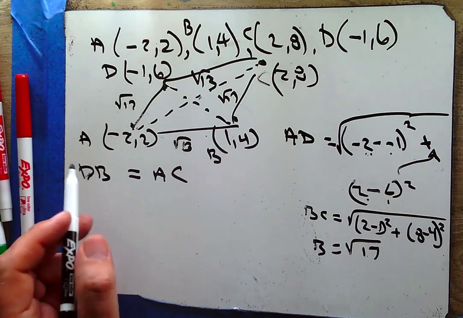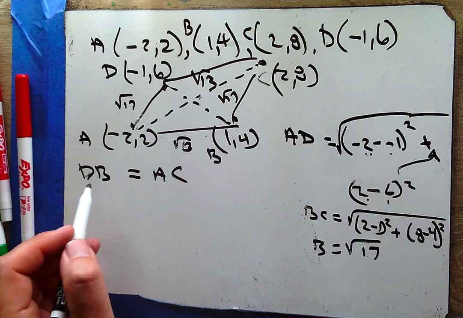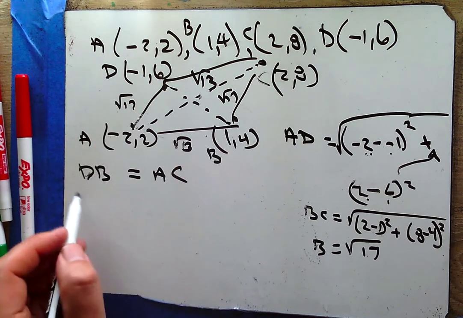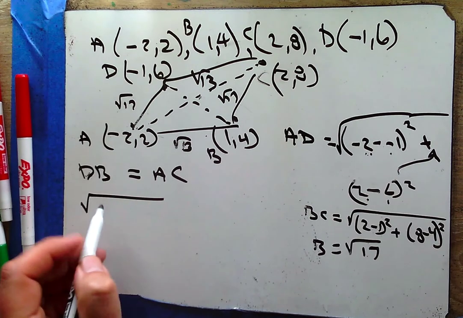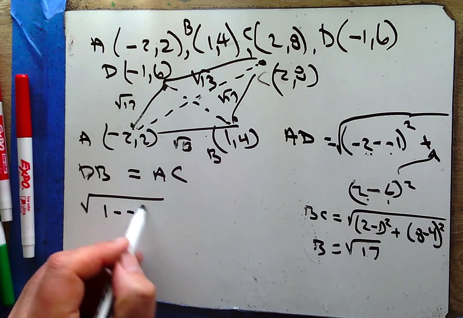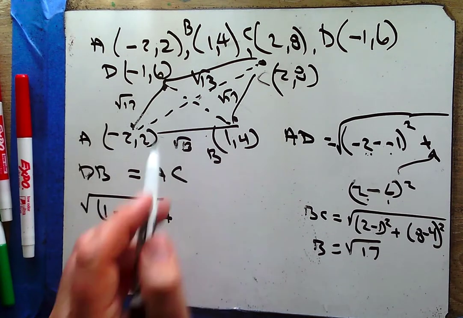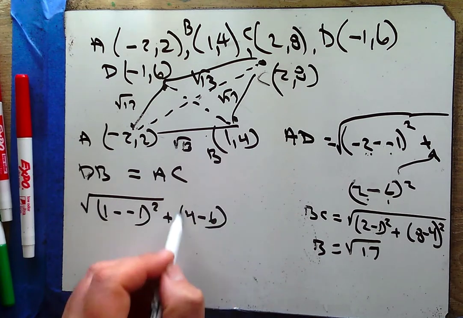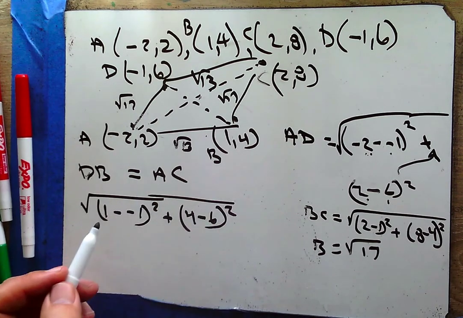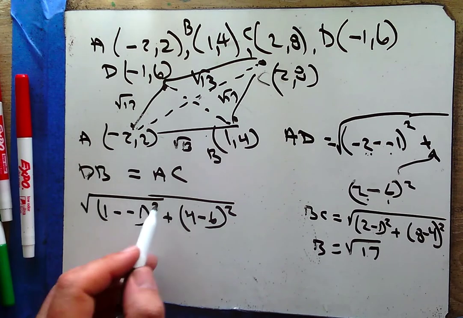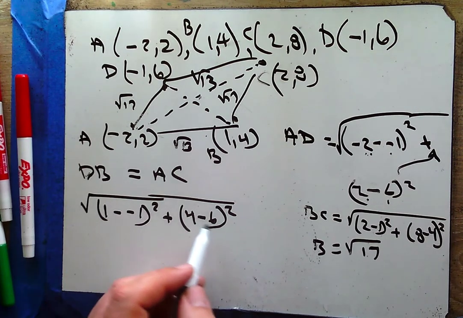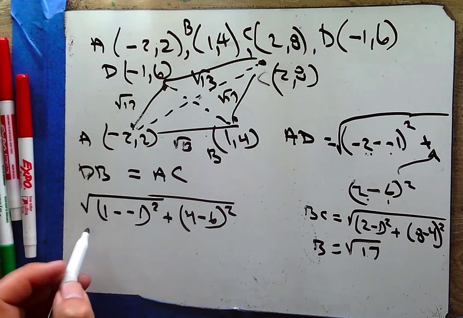So let's see now. DB is this one. We're going to have the square root of 1 minus 1 plus 4 minus 6. Okay, that's going to be 2 squared or 4. This is going to be negative 2 squared or 4. 4 plus 4 is 8.